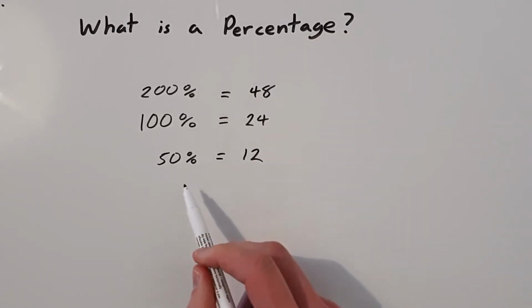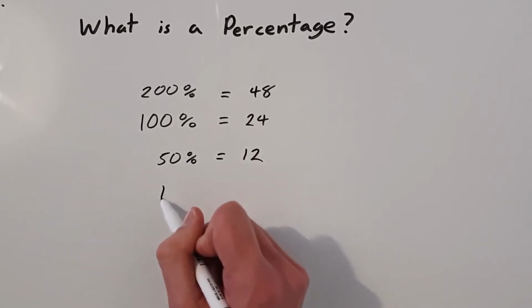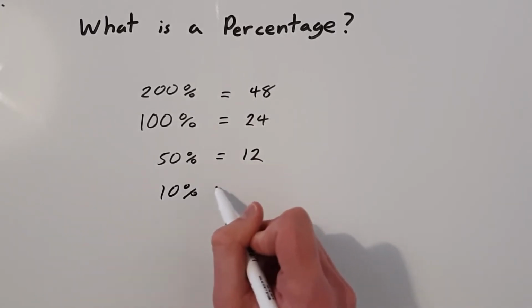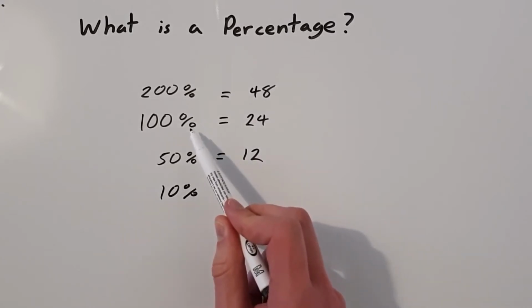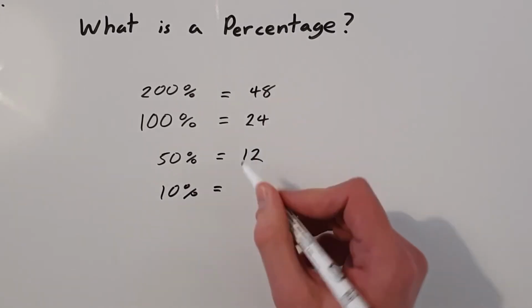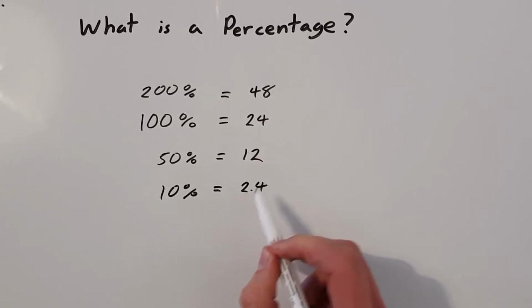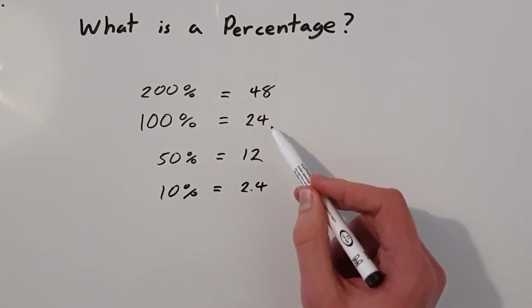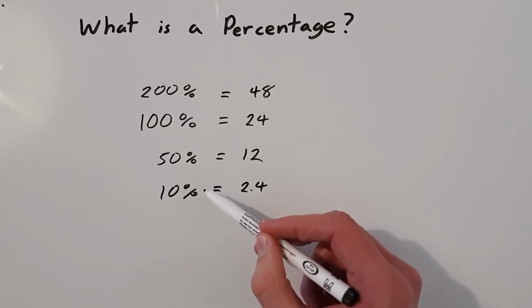And you can do this for any percentage. You could say 10%, and because 10% is 100% divided by 10, we divide 24 by 10, and that would give us 2.4. So 2.4 is 10% of 24. Hopefully that makes it really clear about what percentages actually represent.